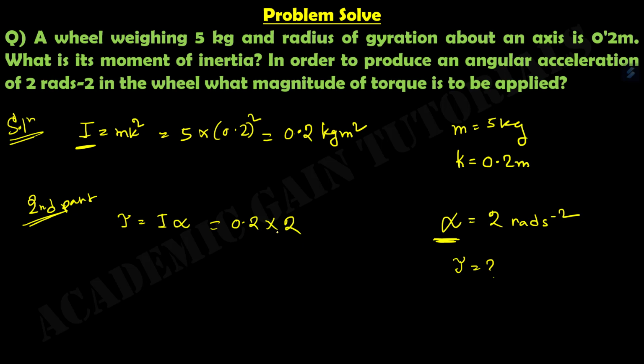So from that we will find 0.4 Newton meter. So this is the magnitude of the torque that will be created when an angular acceleration of 2 radian per second square is applied on that wheel. So we solved our second problem.